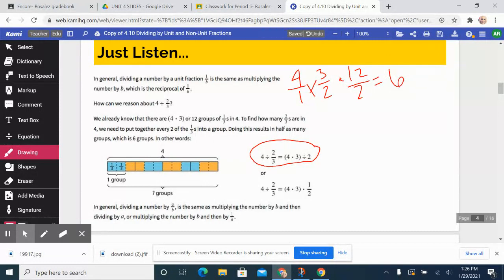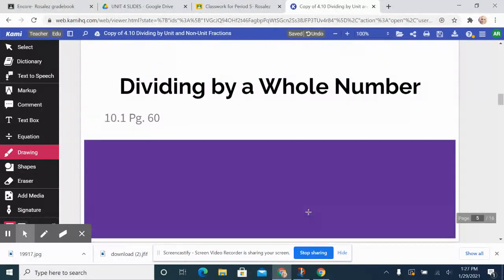Well, if I take this here where I multiplied by it, and I did 4 times 3, which is 12, and then I divide by 2, I get 6. So notice that when I multiply by the reciprocal, or the opposite, I get the same answer. And that's kind of what we're going to prove today.